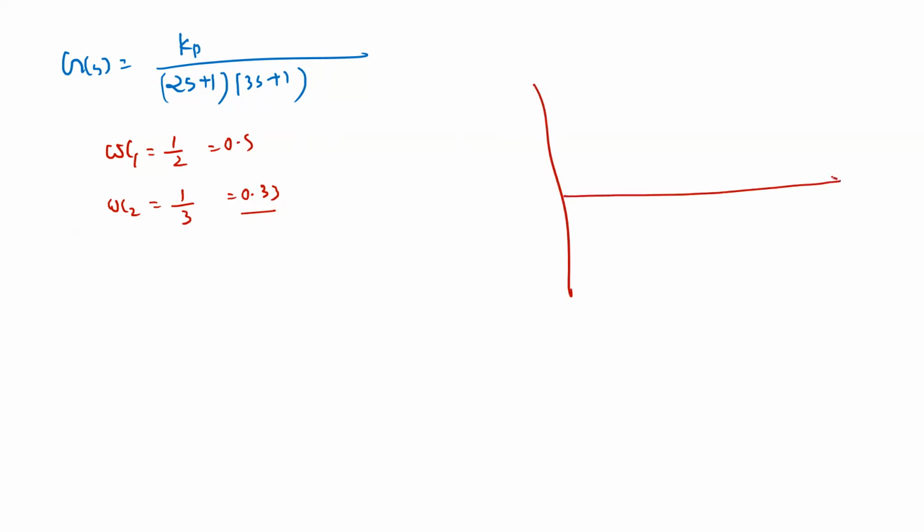So let's say omega tau. This one is your amplitude ratio, right? And this will start from Kp, right? Now, at omega tau equal to 0.33, and here 0.5.